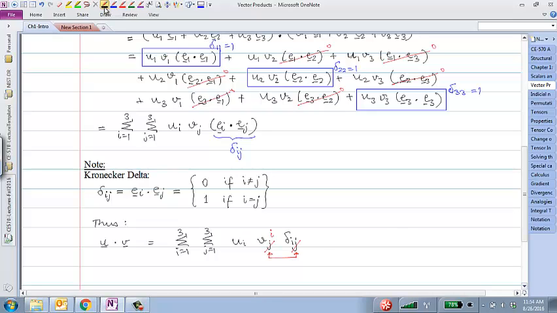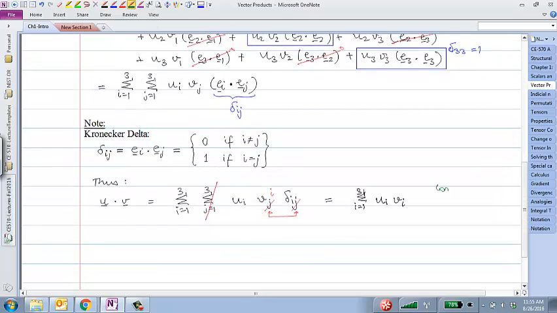So what that means is that I can write that as summation of i 1 to 3, and at the same time the sum over j also cancels off. Okay, so I have ui vi. That's the contraction property of this Kronecker delta. So let me write that, contraction of delta ij.